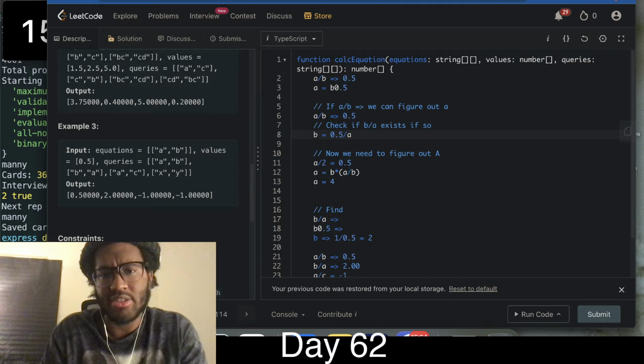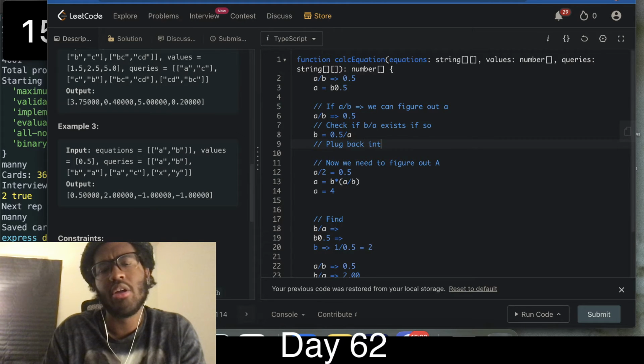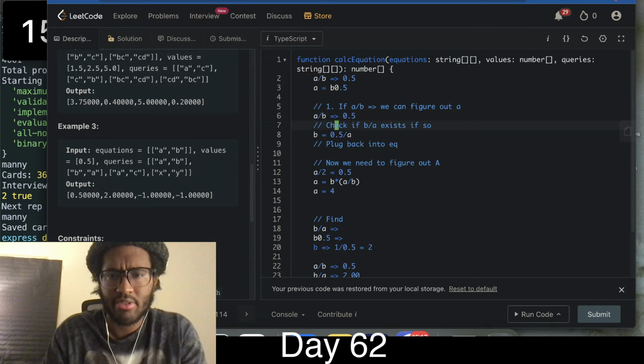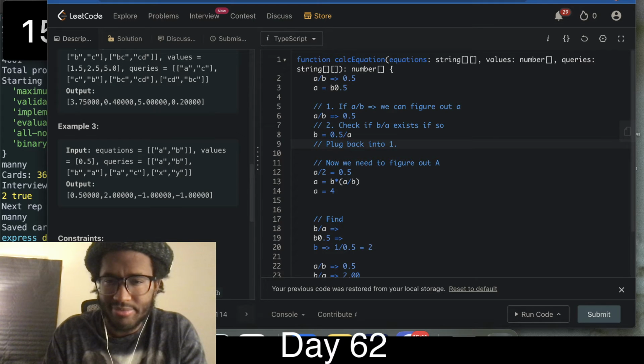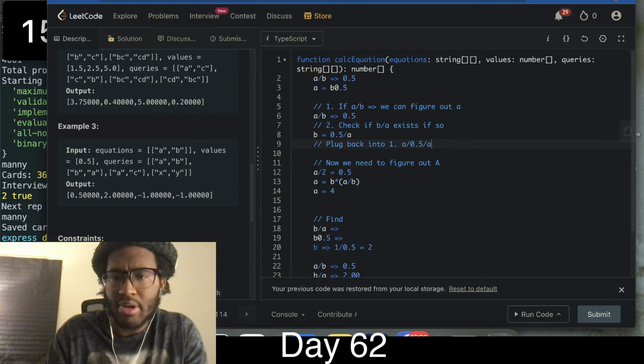Then if we plug it back into 1, you should get a divided by 0.5 where a equals 0.5.